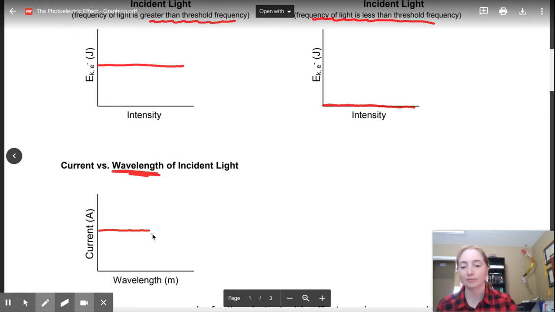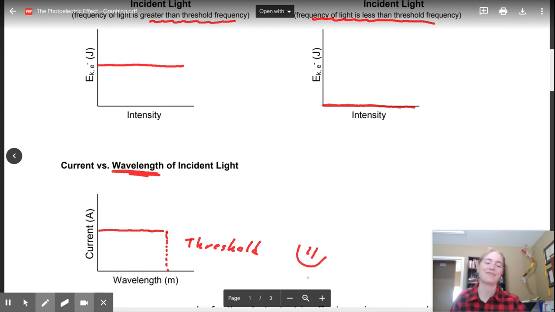So our wavelength gets larger, frequency gets smaller, and guess what? We're going to hit a point where we get that threshold, and we're then going to get no current. Okay, so that dotted line is our threshold. Sounds good? Cool beans? All right.